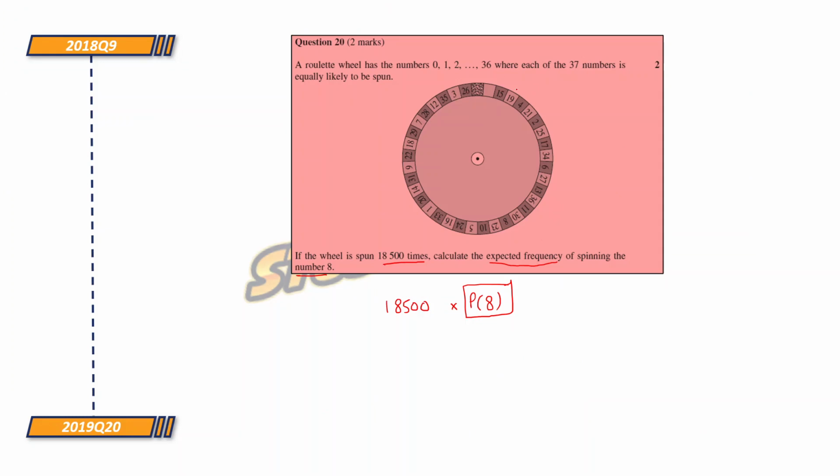So here, 8 is one of the total of 37 outcomes. So the probability of 8 is 1 divided by 37. So your final answer would be 18,500 times 1 over 37. So these two questions are pretty similar.